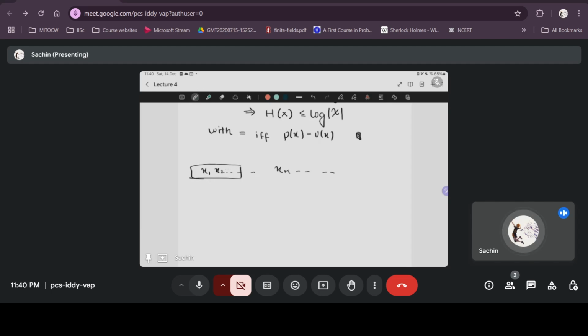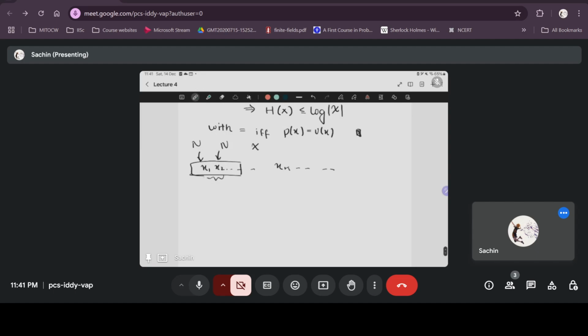So then what happens is, if it's a block of two values, say, if x1 can take any of n values and x2 can take n values from some script X, then the block x1, x2 can take n squared values, right? So for these n squared values, each of them you assign one code word.